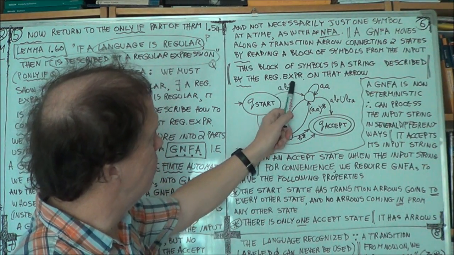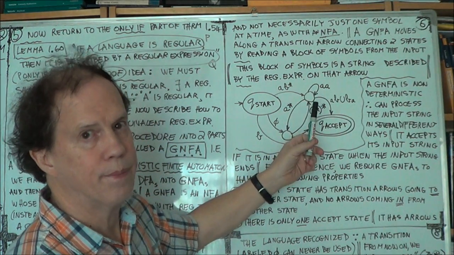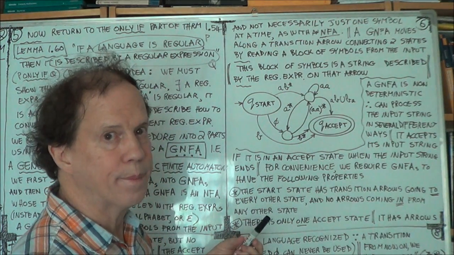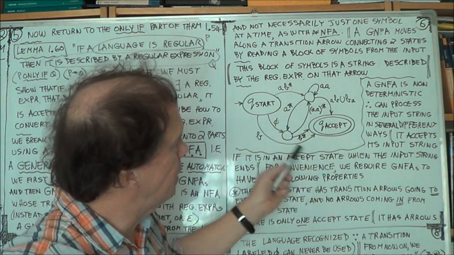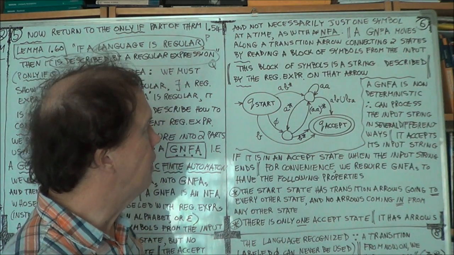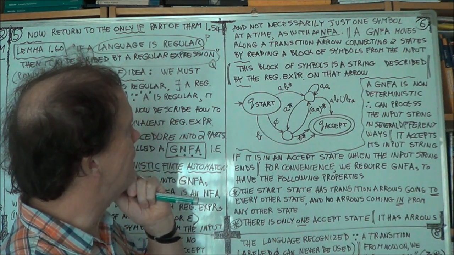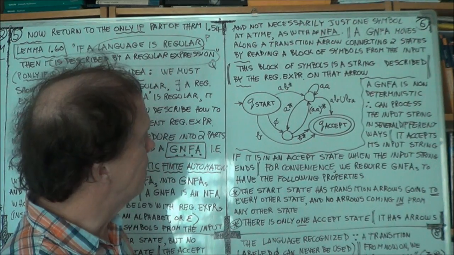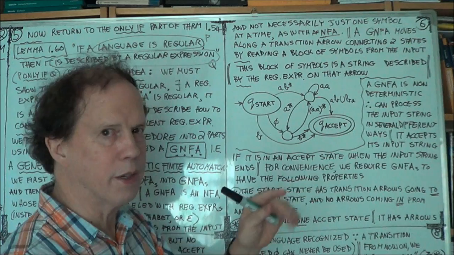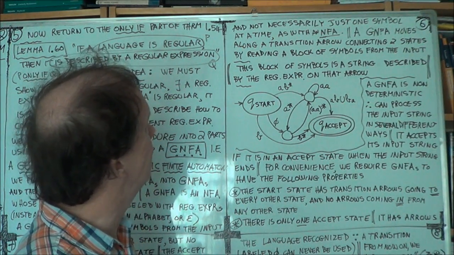Generalized in the sense that you can have more complex regular expressions as labels on the transition arrows. Okay, so that is an example of a GNFA. Now we're just scratching the surface. We need to go into quite a bit more detail about what a GNFA is, but that'll give you something to think about. That's your first taste of a GNFA.